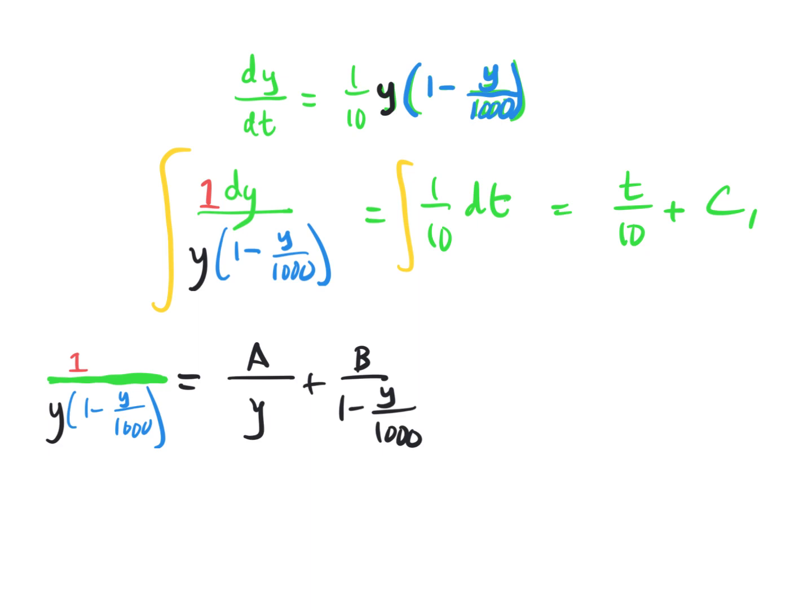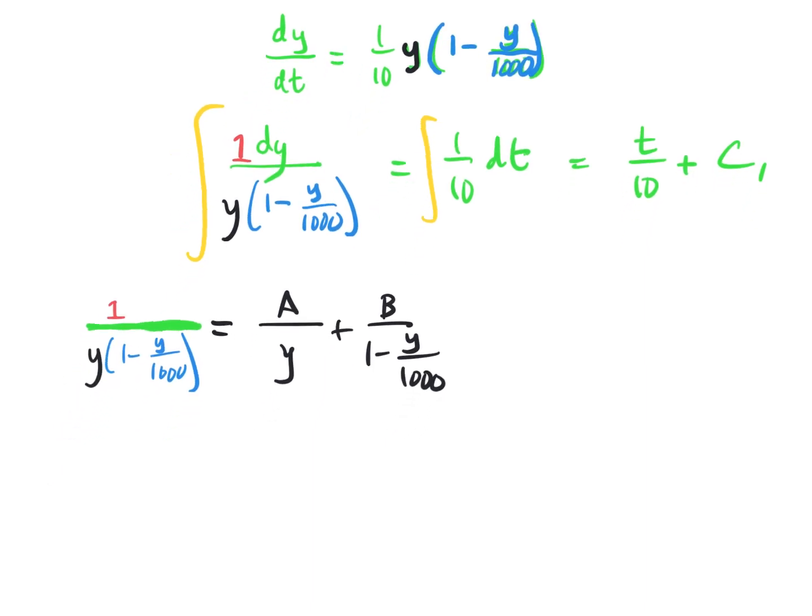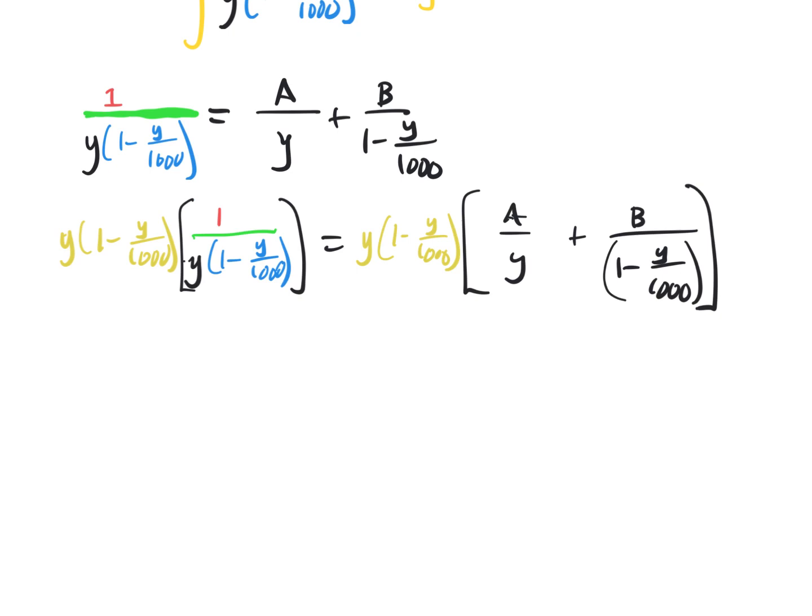Next, we're going to multiply both sides of this equation by this denominator. So on the left side of the equation, this will divide out by that denominator, leaving us with 1.